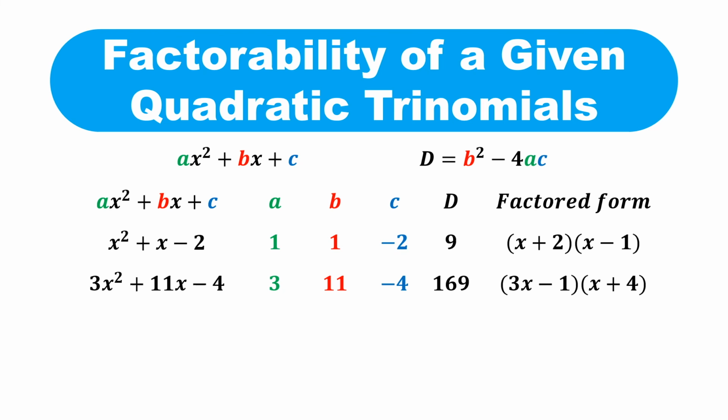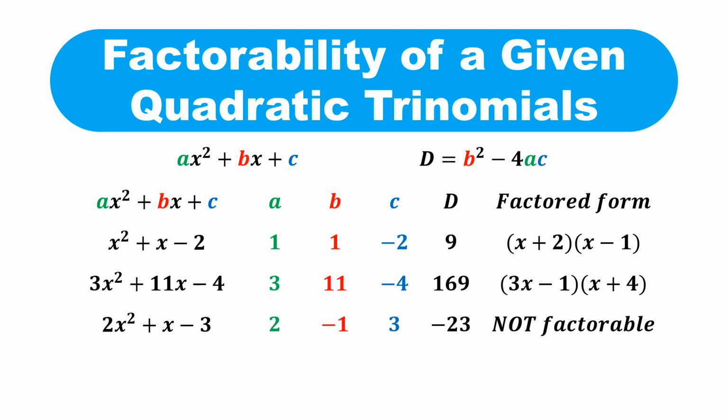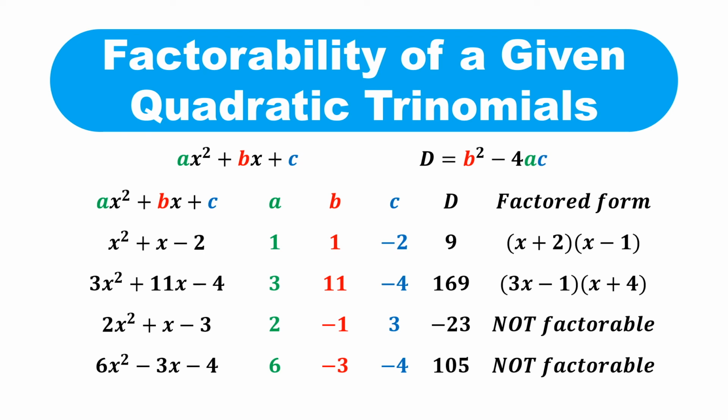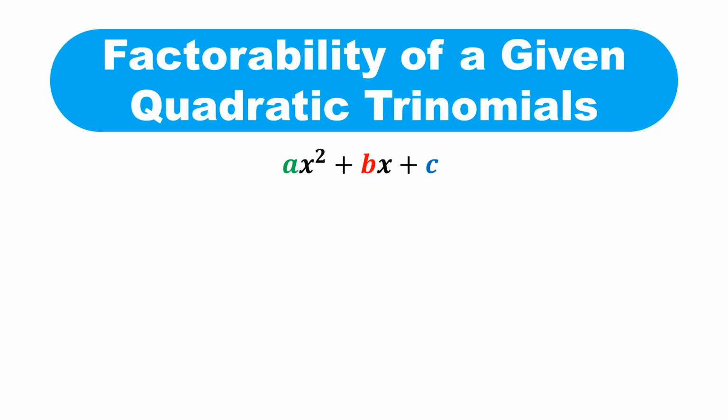On the other hand, the quadratic trinomial 2x squared plus x minus 3 with a computed d value of negative 23 and the quadratic trinomial 6x squared minus 3x minus 4 with a computed d value of 105 are not factorable. Let's make now a conjecture.